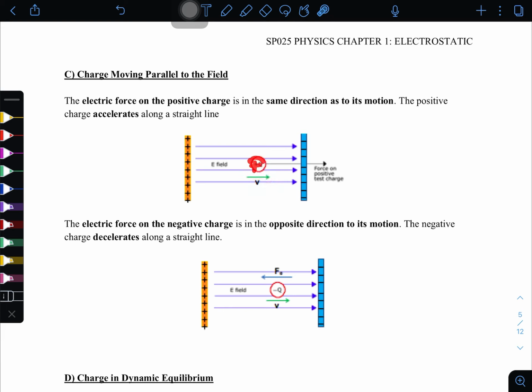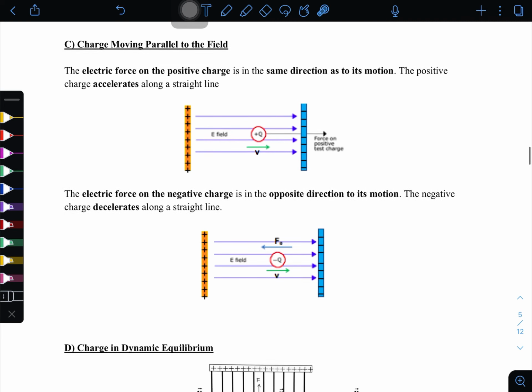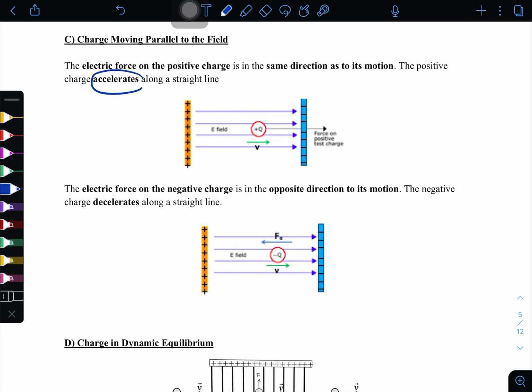So bila positif, dia akan attracted to the negative plate. But it has initial velocity, so dia akan accelerate towards negative plate. Dan dia akan ada acceleration.